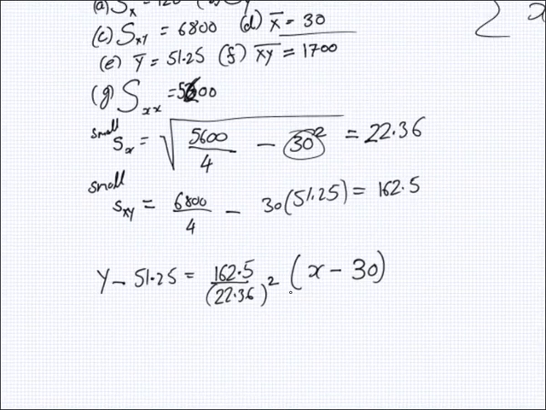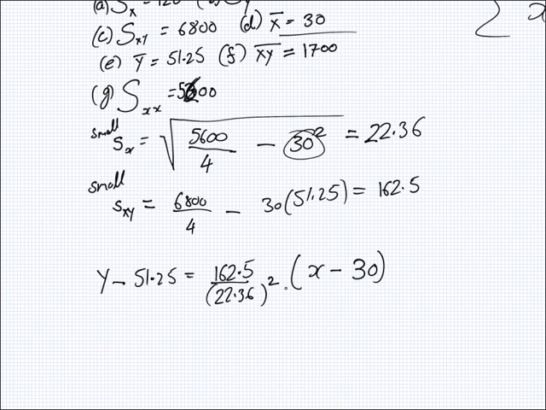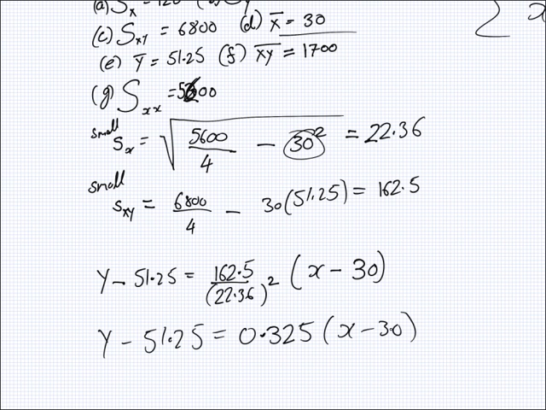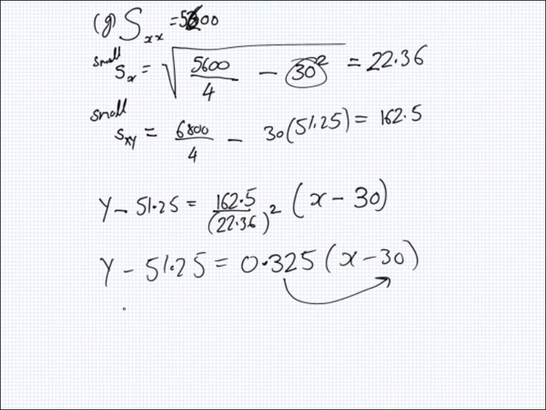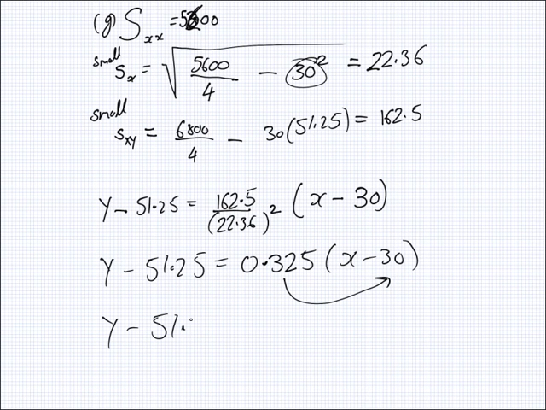Now, let's clean this up a little bit. So, using your calculator carefully, can you tell me what this number is? 0.325. Yeah. Okay. Now, what I want you to do is to multiply that by 30. 9.75, is it?